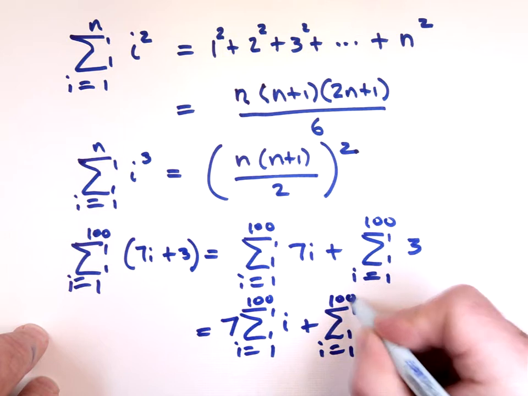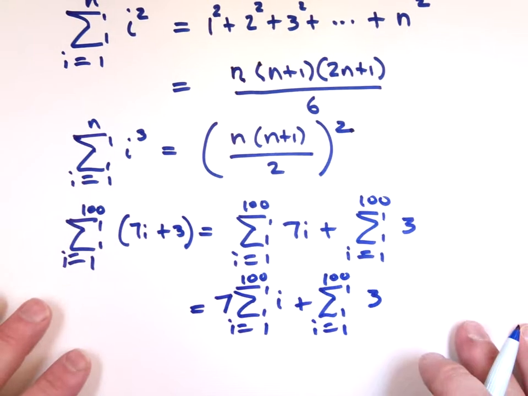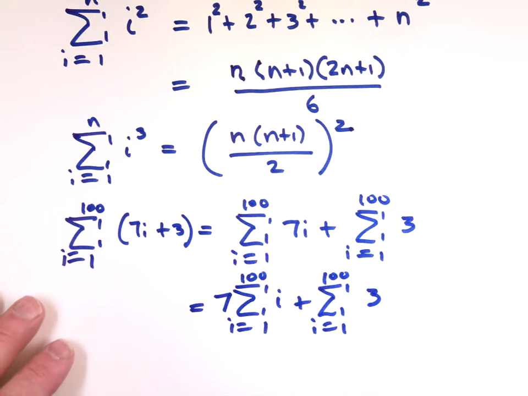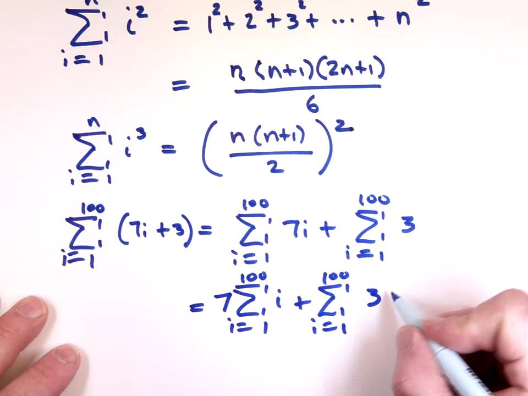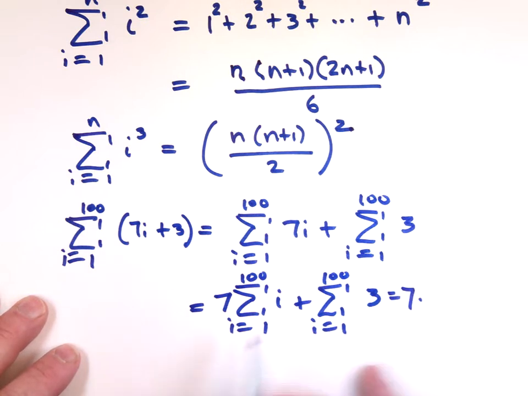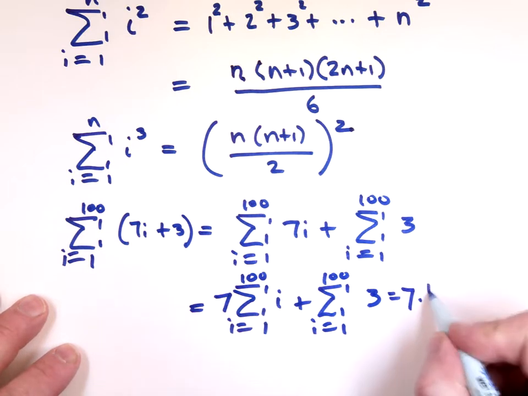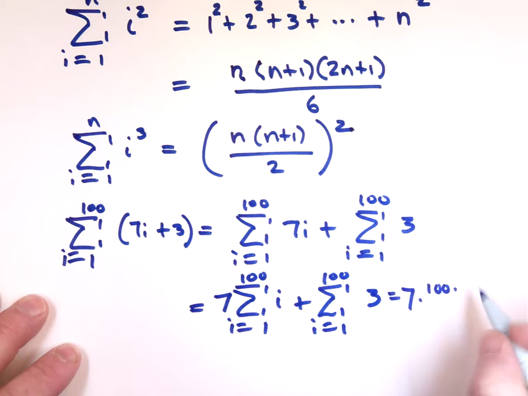With me? Why don't you bring the 3 up? I could bring the 3 out front and have a 1 there. I could do that. That would be a reasonable thing. Okay? So what do we have? This first one, we have 7 times the sum of the first 100 integers, which is equal to 100 times 101 over 2.